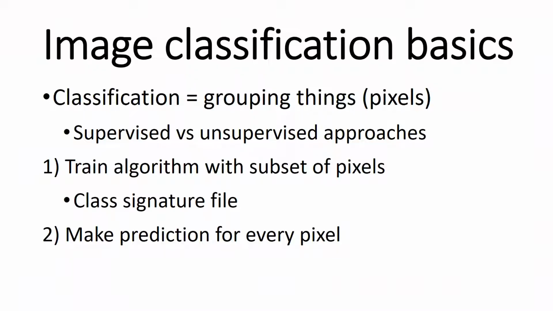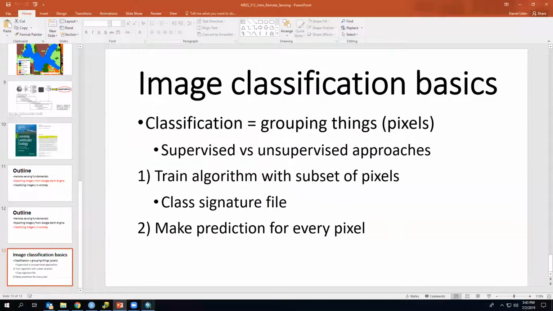In this case, we're grouping pixels according to the information contained in those pixels. So what we're going to do here in ArcGIS is first train an algorithm with a sample of pixels, and then have that algorithm make predictions for every pixel in our landscape.